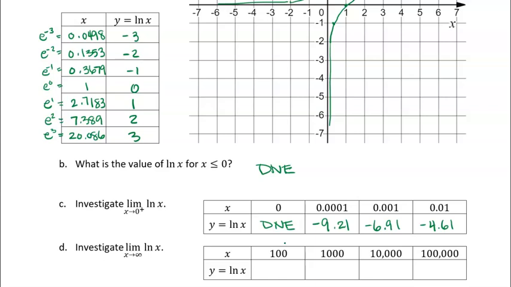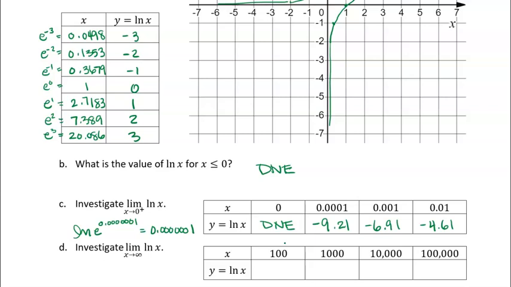But if I put in something like ln of e to the, let's say, negative 10 million, or 0.0000001, whatever that is, I could calculate that as a number. If I put that number in, what I'm going to get is negative 10 million. So I could choose the value of x as small as I want, and I'm just going to get smaller and smaller numbers.